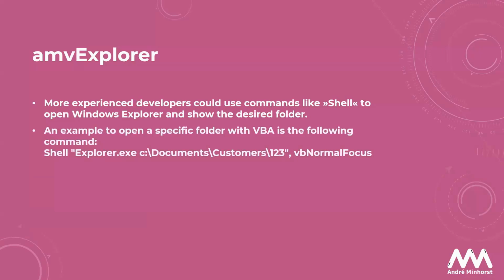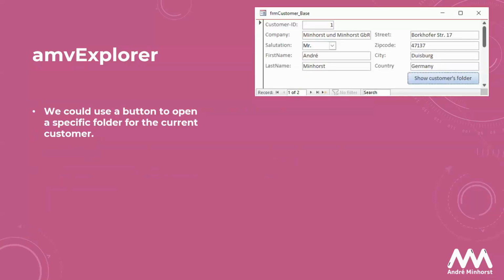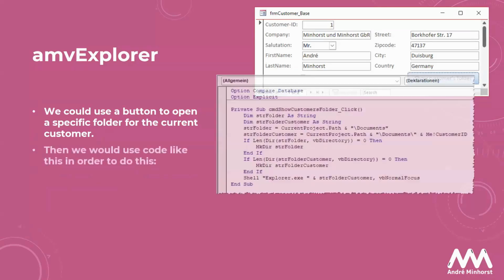An example to open a specific folder with VBA is the following command. Maybe some of you know it. And we can use this command for a solution that is much better than to open Windows Explorer manually all the time. We would use a button to open a specific folder for the current customer.